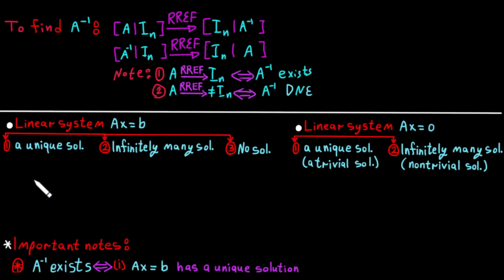I will explain in detail in a moment. So here A inverse exists. And the same thing for Ax equal to 0, the homogeneous system, versus the non-homogeneous system: A inverse exists.